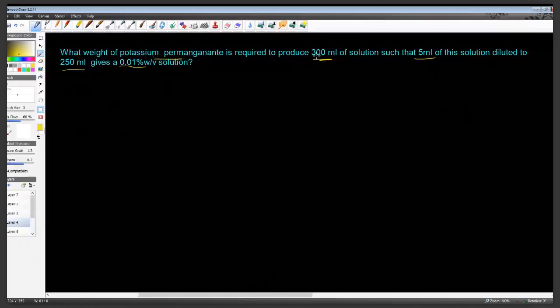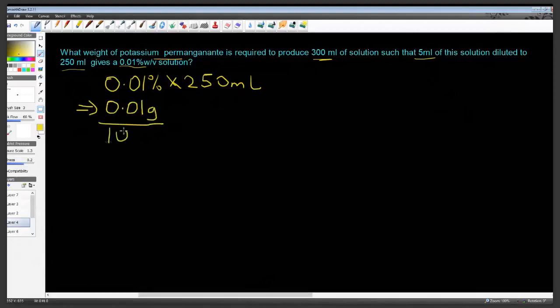All right, so the first thing we want to figure out is exactly how much potassium permanganate is in the diluted preparation. The way we will do that is basically to multiply the concentration, which is 0.01%, by the volume that we just prepared, the 250 ml. Now notice that 0.01%, because it's a weight by volume, is essentially 0.01 grams in 100 ml.